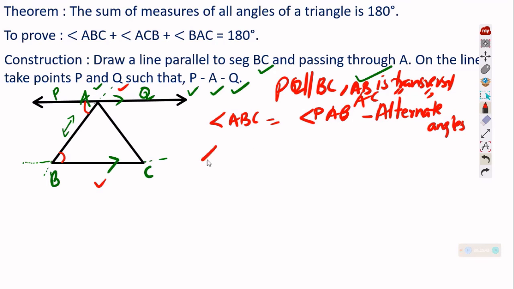Now angle ABC is equal to angle PAB because they are alternate angles. Then again angle ACB, this angle, ACB is congruent to this angle QAC.